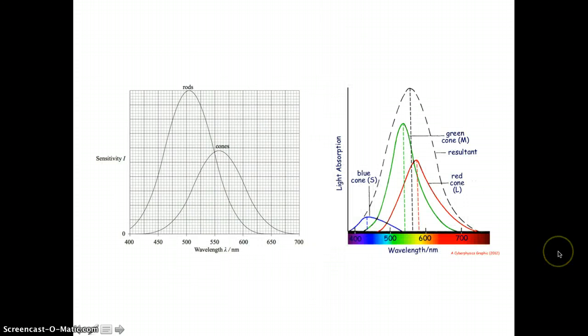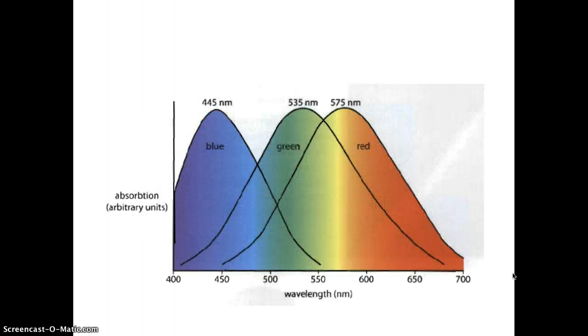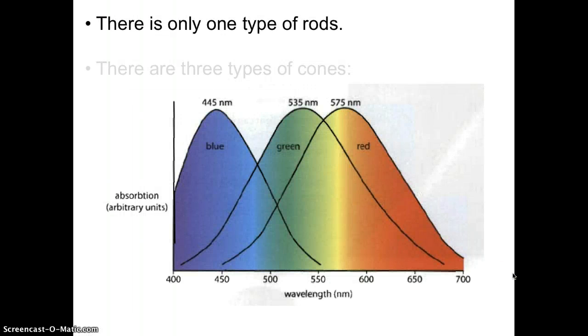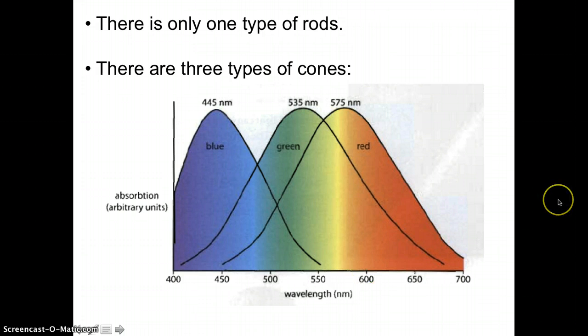Now, you're probably wondering how the two graphs I've shown you fit together. The graph from the last page, this one here, in fact, blue cones, green cones, and red cones do not absorb the same amount of light. Green cones absorb more light than blue or red.